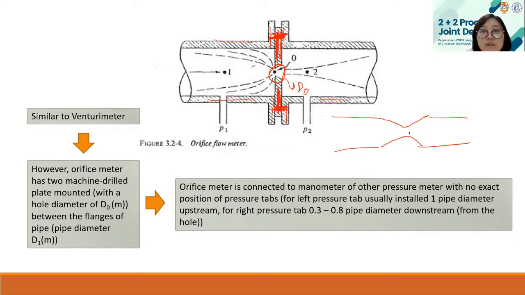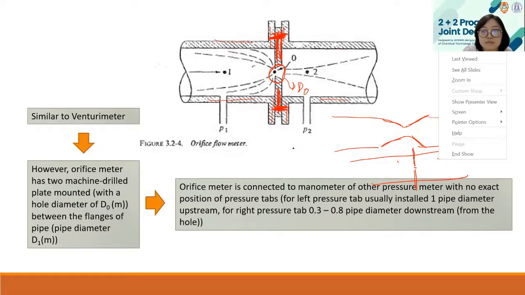While for this, it's like a sudden expansion and a sudden contraction. This one is gradual contraction, gradual expansion. From this to this is gradual compression, from this to this is gradual. For the orifice, it's not gradual: sudden contraction, sudden expansion.